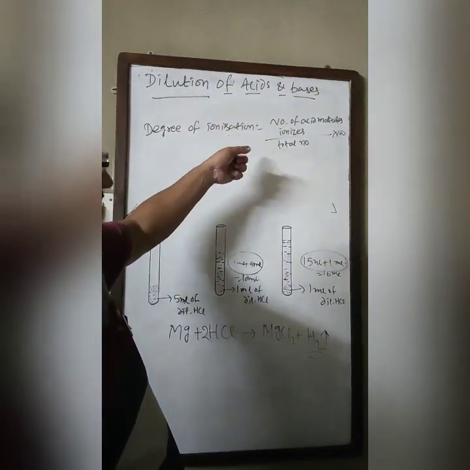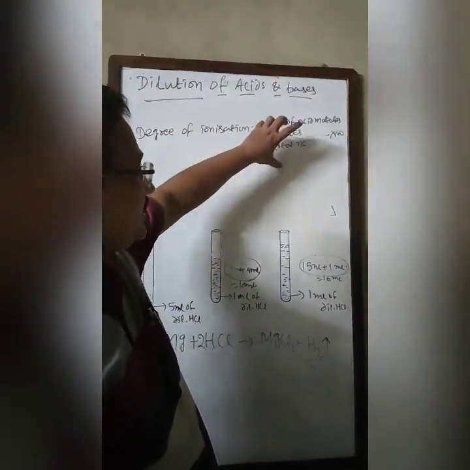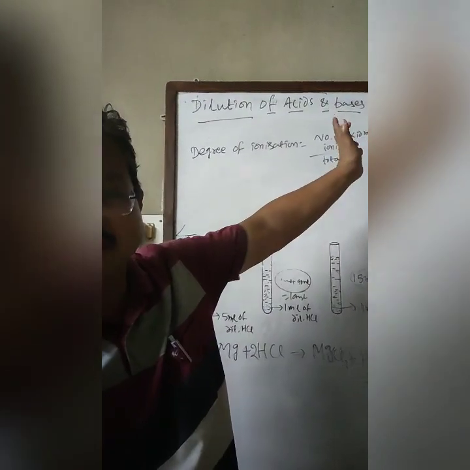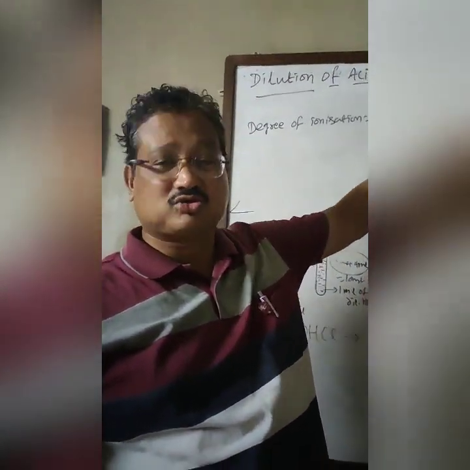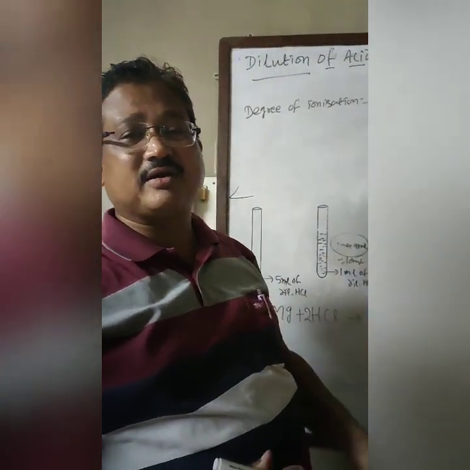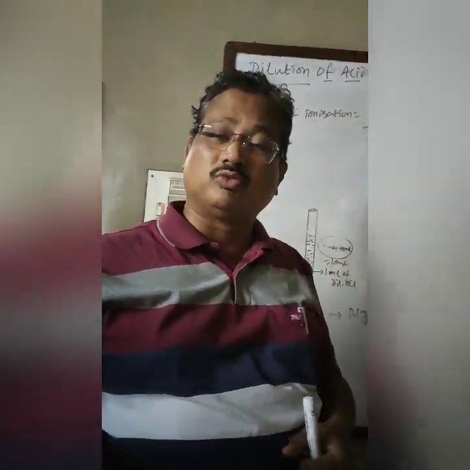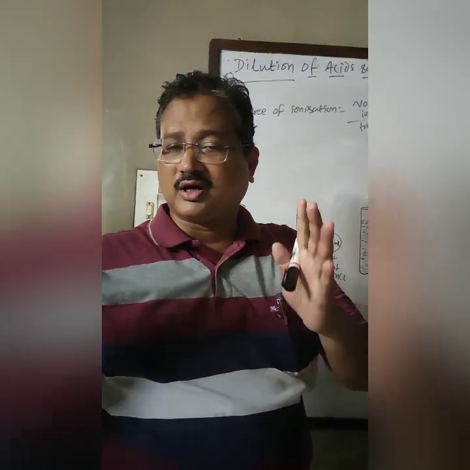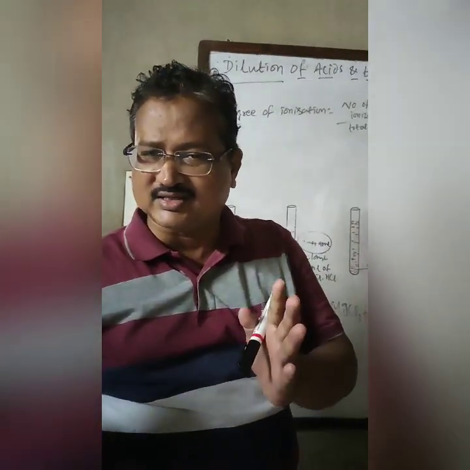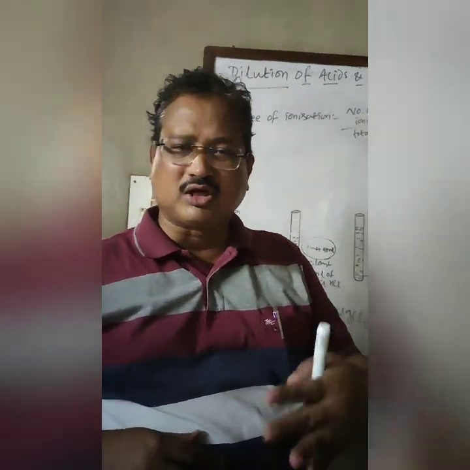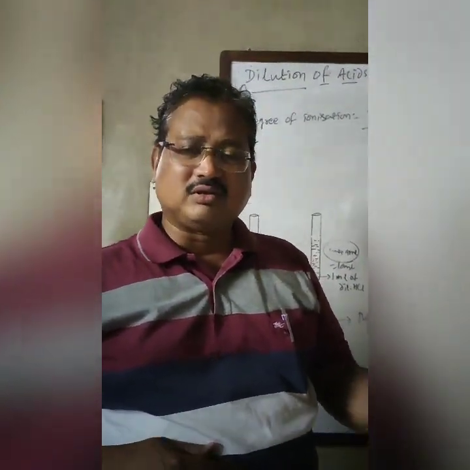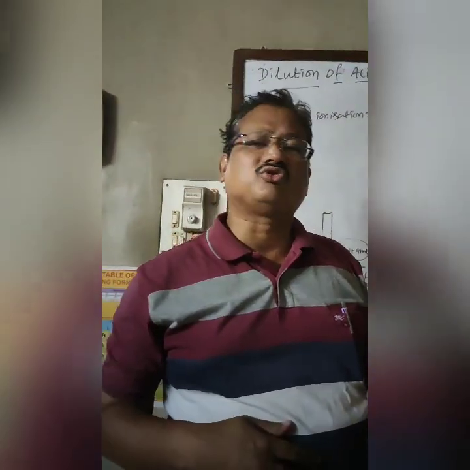You may want to know what degree of ionization makes a strong acid. If the degree of ionization is 30% or more, that means out of 100 molecules of the acid added, if 30 molecules ionize to give hydronium ion, then it will be considered a strong acid.